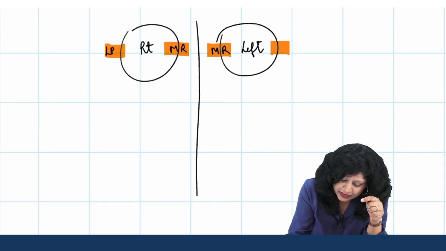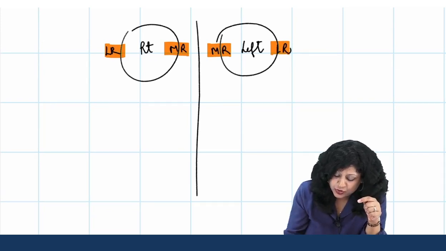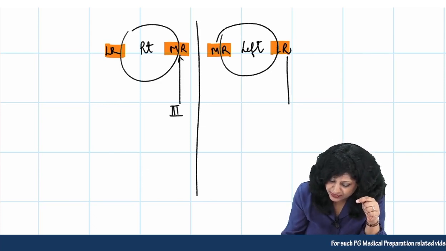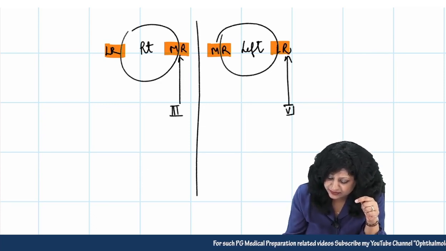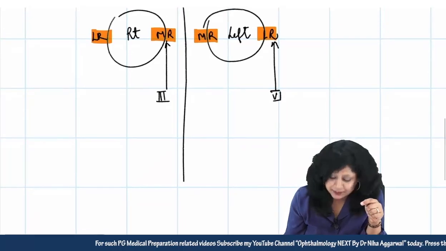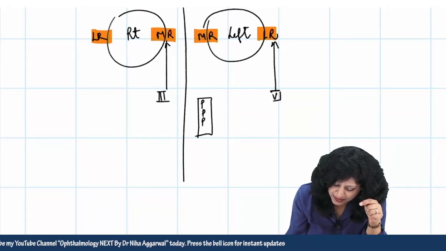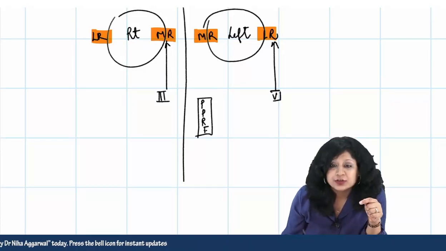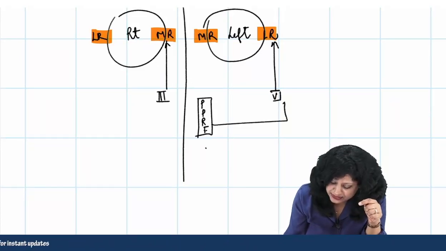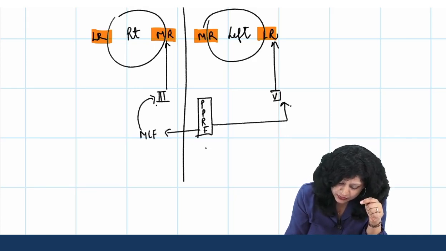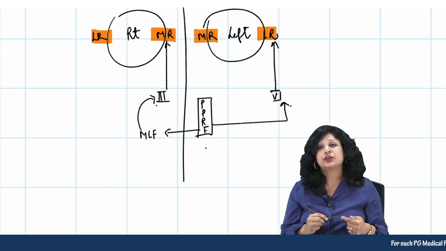These are your lateral rectus. This medial rectus will be supplied by the 3rd nerve and this lateral rectus is supplied by the 6th nerve, right? Both are supplied by the parapontine reticular formation, the PPRF. PPRF is supplying the 6th nerve nucleus, and this PPRF is also supplying the medial longitudinal fasciculus, which is supplying the 3rd nerve.